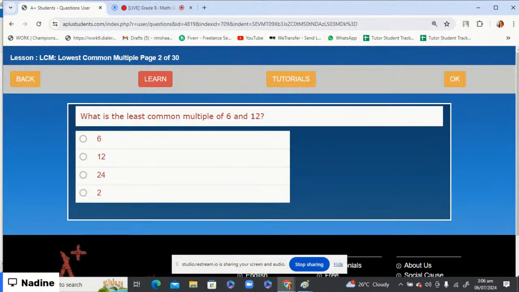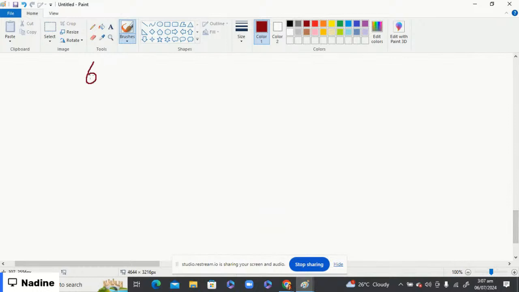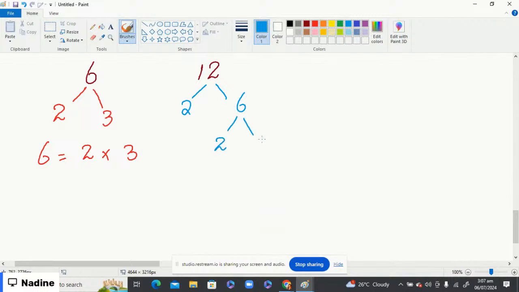Okay, now let's do this one. What is the least common multiple of 6 and 12? Let's find it out together. For 6, it's 2 times 3, so the factors of 6 are 2 times 3. For 12, it's 2 times 6 is 12, then 2 times 3 is 6, so the factors of 12 are 2 times 2 times 3.